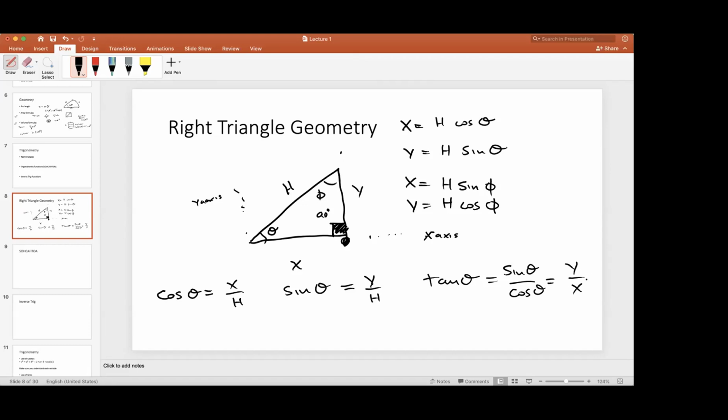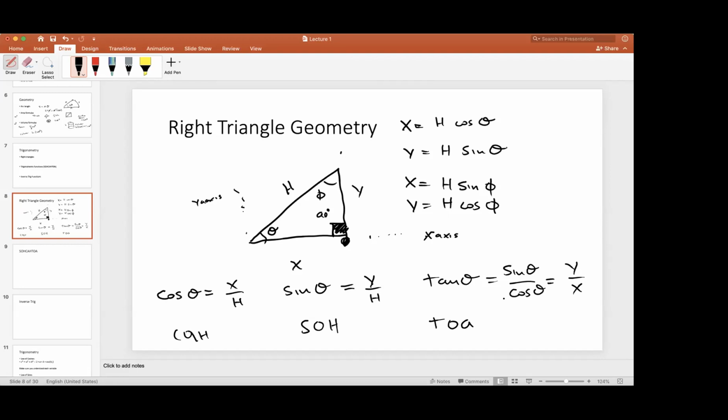This is SOHCAHTOA. What it means is sine is opposite, where y is the opposite, over hypotenuse. And cosine is adjacent over hypotenuse. This is the adjacent side, x's. And tangent is opposite over adjacent. So it's SOHCAHTOA, if you remember that.